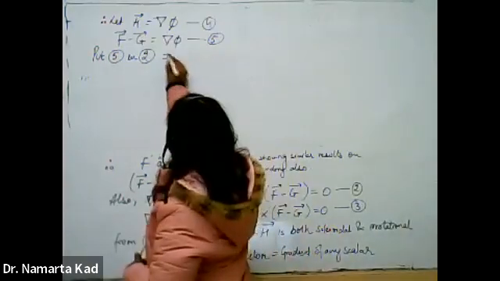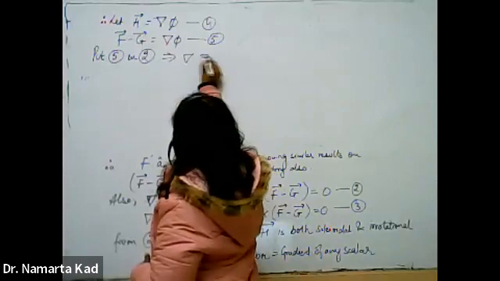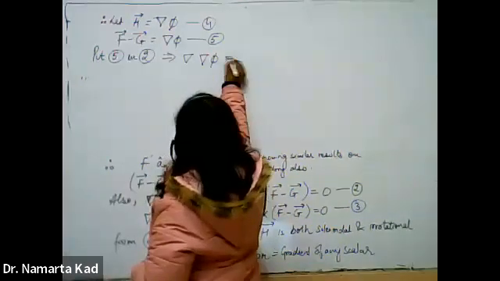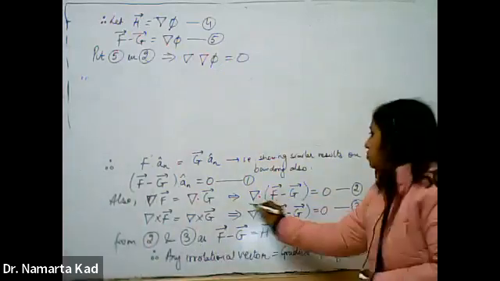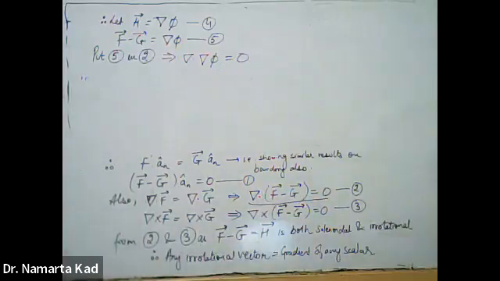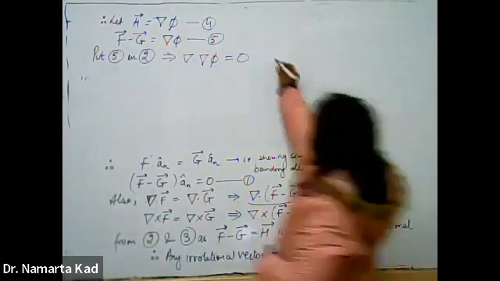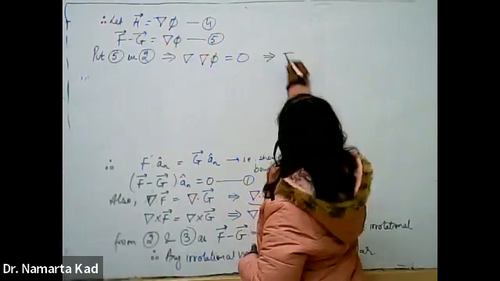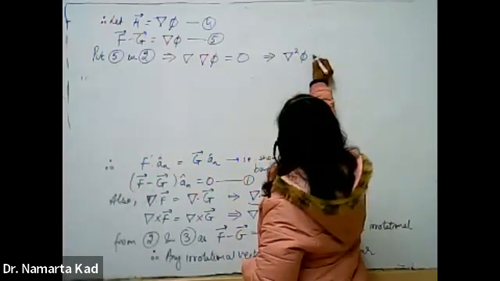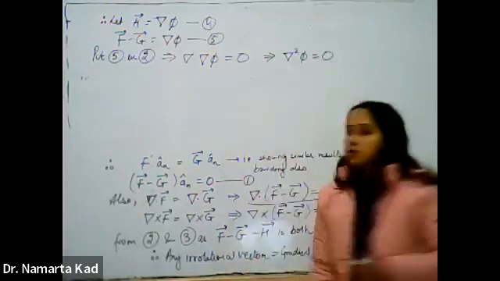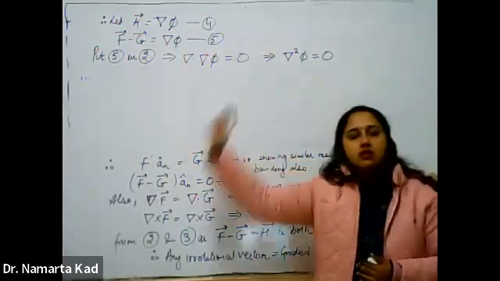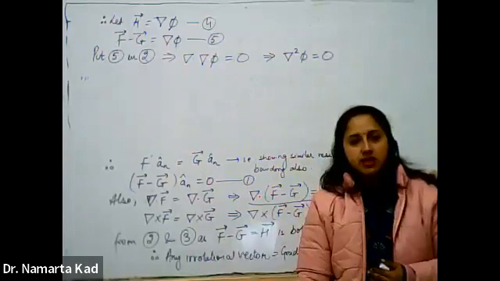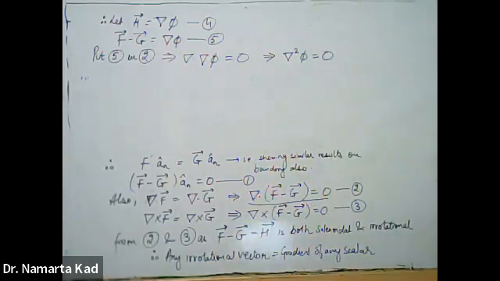It comes out to be del dot del phi is equal to 0, as per our equation number 2. Further it can be written as del square phi is equal to 0, and this del square, I am again repeating, is called the Laplacian operator.